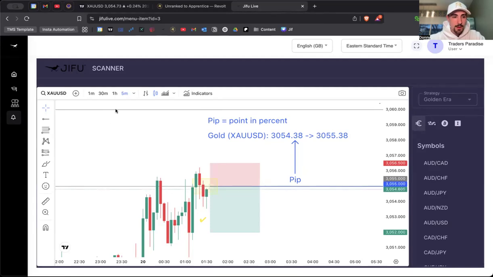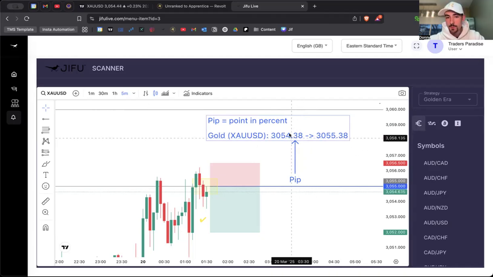Can you explain how you do the math on pips? So there are some videos in the basic content that go into that in more detail. I would say maybe just to refer back to those. But basically it's just the fluctuation of price, right? So if we had 3054.38, the pip is every 10 cents that's fluctuating. That's considered one pip.